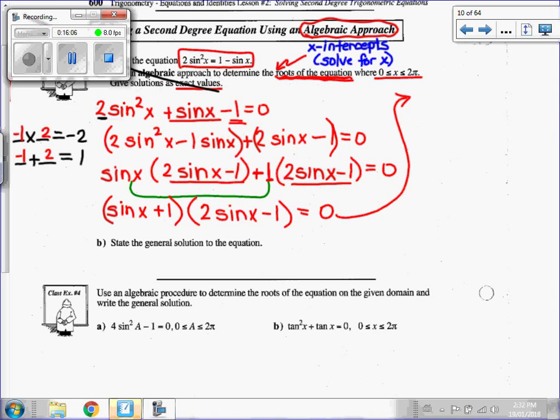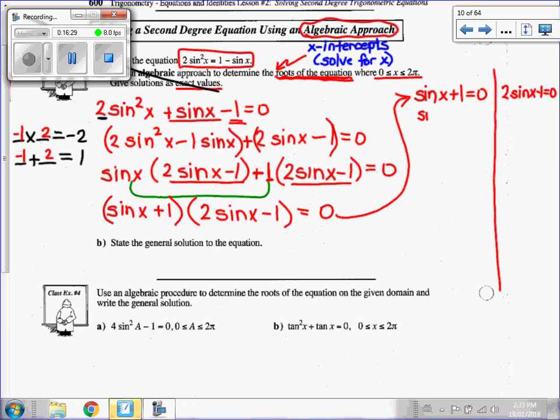on your paper left. So sine x plus 1 equals 0, and on the other side, oh boy, I don't have much room, 2 sine x minus 1 equals 0. And I'm going to just divide it in half here so that we can see this is two different solutions.